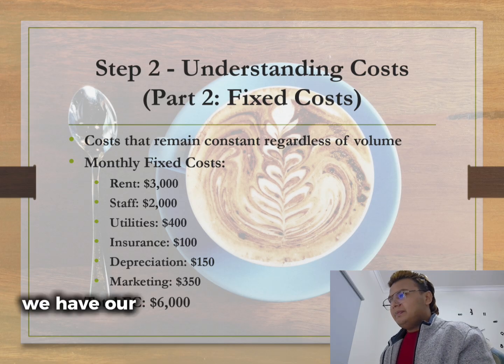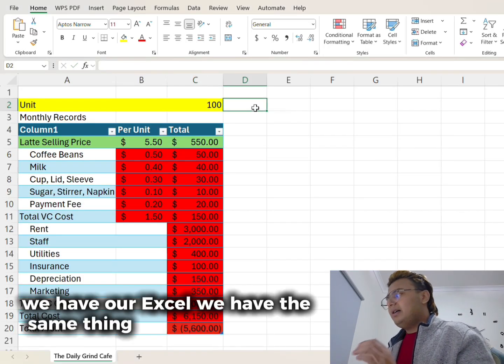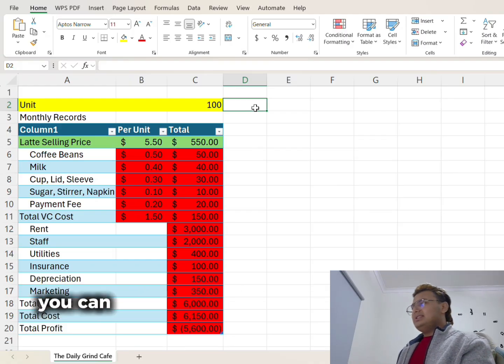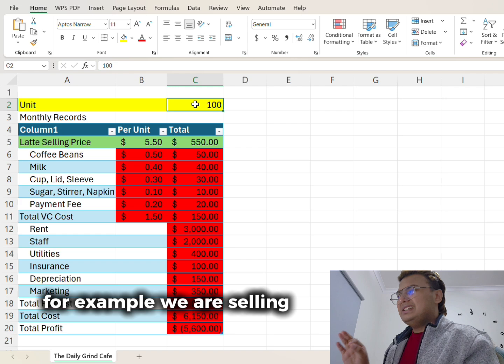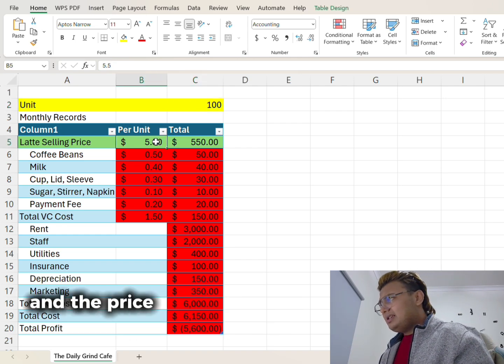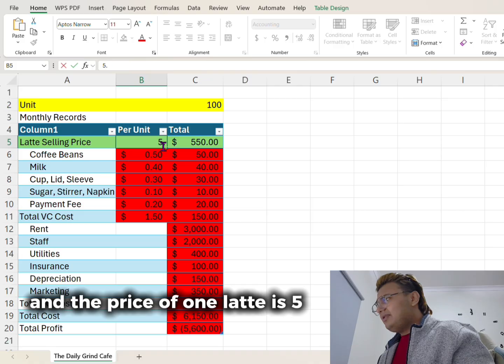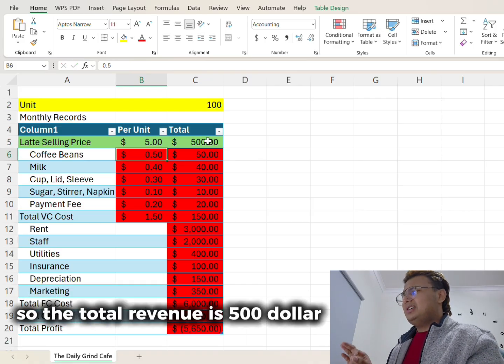We have the same thing uploaded on Excel. You can see the units here are 100. For example, we are selling 100 lattes at first, and the price of one latte is $5 for now, so the total revenue is $500.